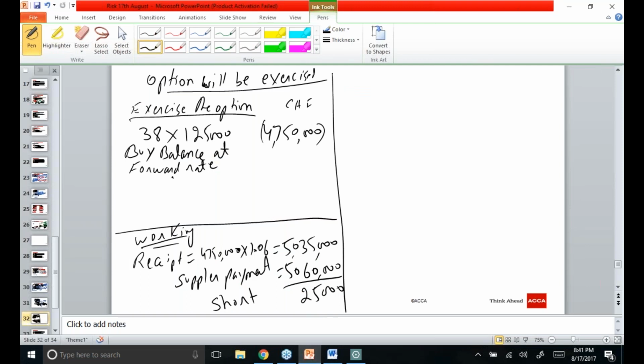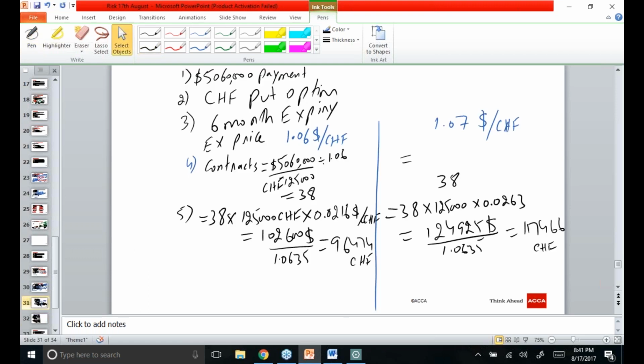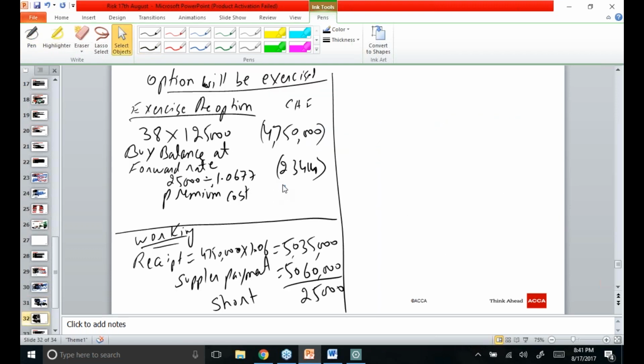We will convert, and that will become 23,414. Obviously, you are going to buy it. This is also a payment. And adjust the premium cost with it. And the premium cost was 96,474.